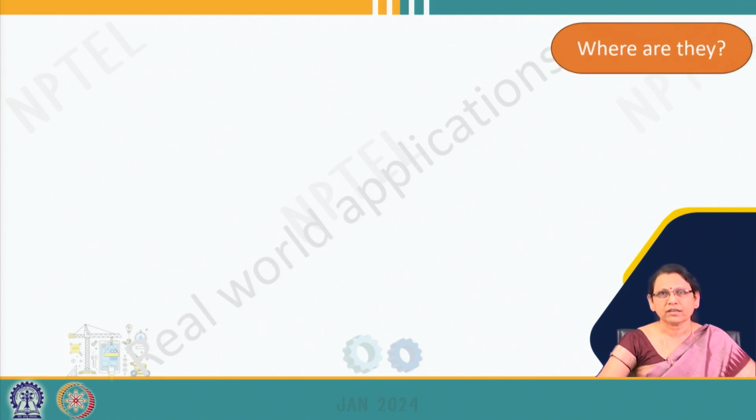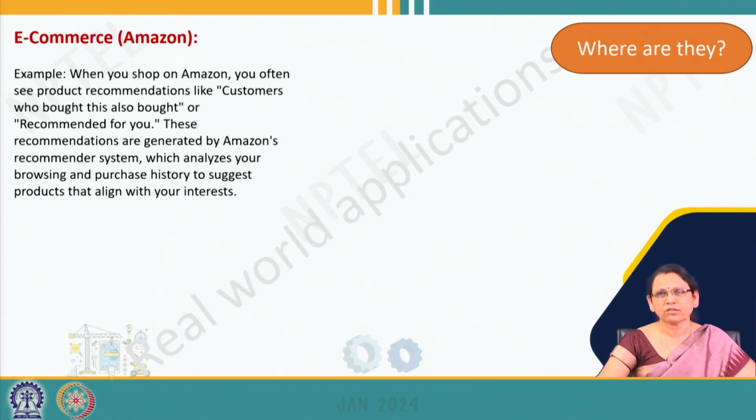To start with, the first one, which I have already told you, is e-commerce applications. Amazon is one, but almost all e-commerce sites have a recommender system associated with them. The history of recommender systems in fact started with e-commerce.